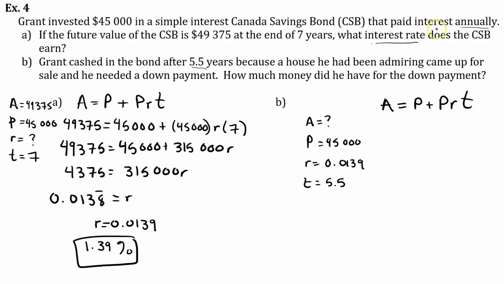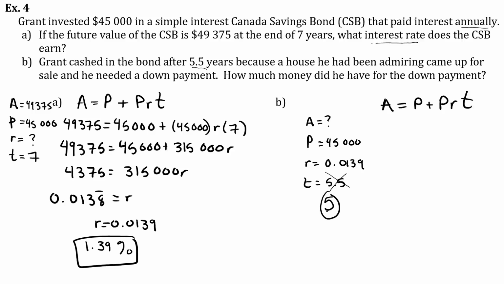So it says right here that the interest is paid annually. So yes, he can take it out after 5.5 years, but he's only going to collect interest on 5 years. Yes, he has it in for 5.5, but since the last time that interest was paid out was at 5 years, we're going to use the time as 5 years.